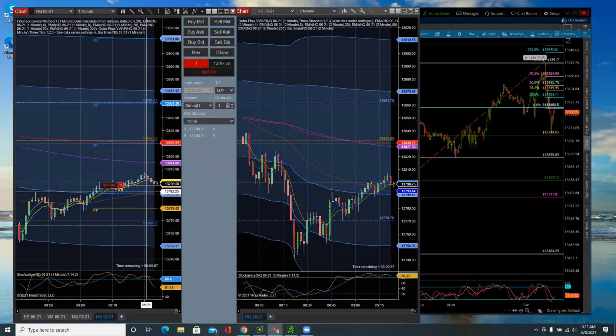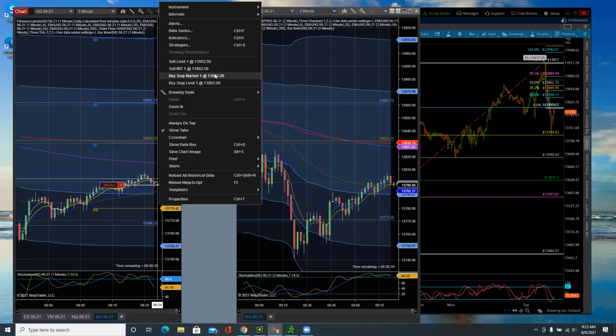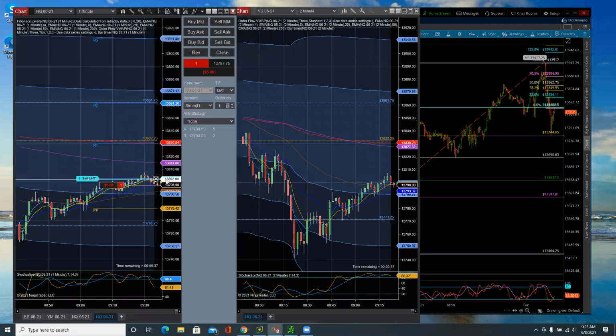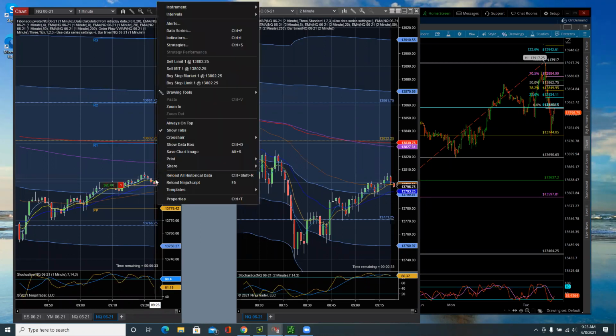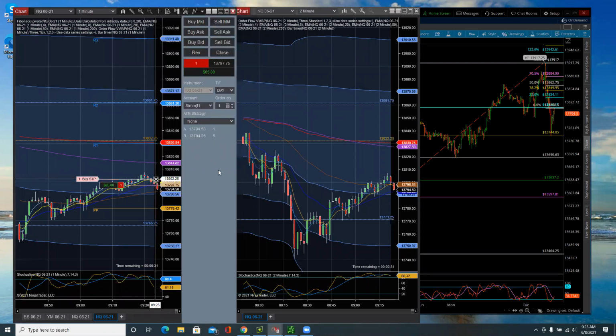If I'm only willing to collect $100, I cannot risk more than $100. So I would always put my stop up here at 275. We'll put it at 250. Sorry, I put the wrong one. Buy stop. We'll put a buy stop there.